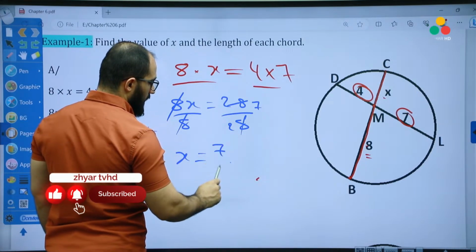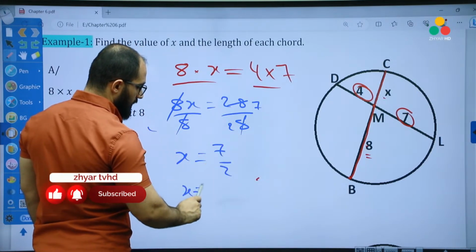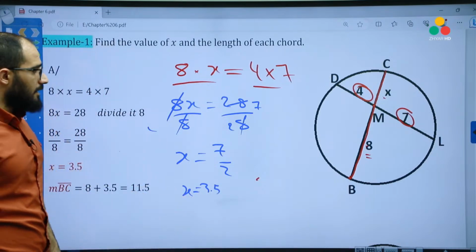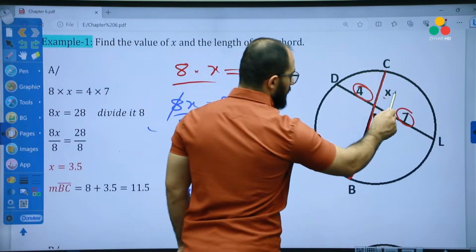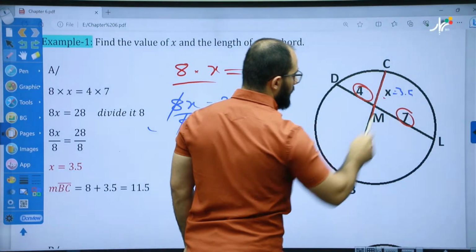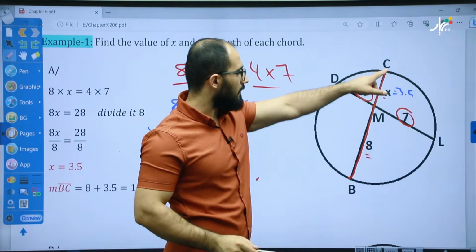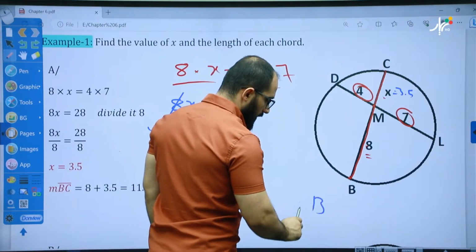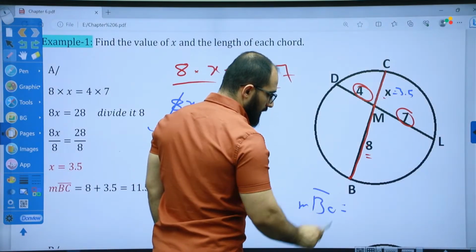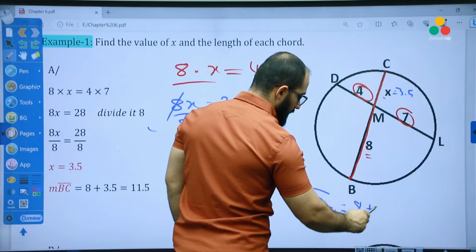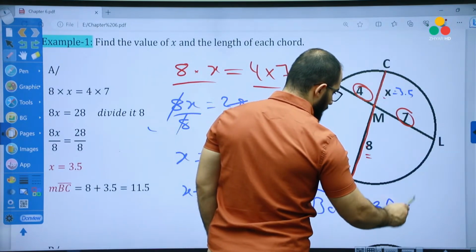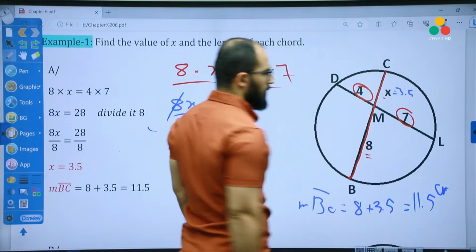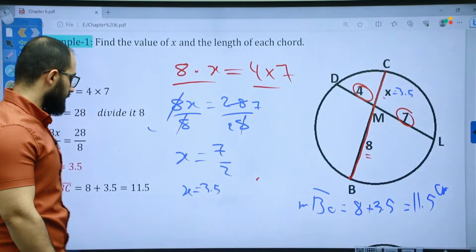So 7 over 2, so x is equal 3.5. Then to find BC, it means 8 plus 3.5. Measure of BC is equal 8 plus 3.5 is equal 11.5, say centimeter or meter, no difference.